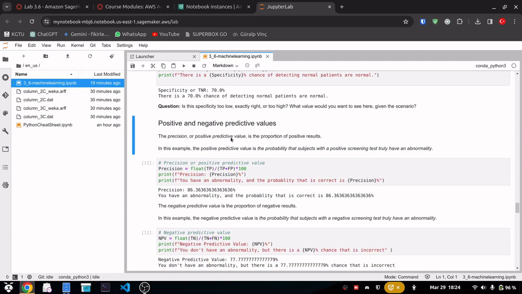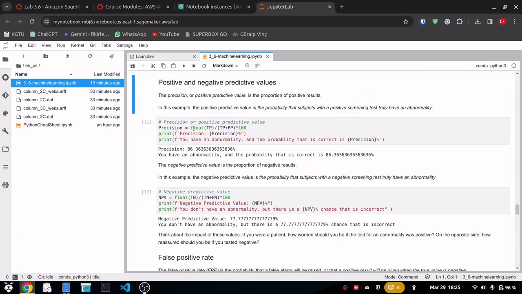Next, positive and negative predictive values. The precision, or positive predictive value, is the proportion of positive results that are correct. In this example, the positive predictive value is the probability that the subjects with a positive screening test truly have an abnormality.